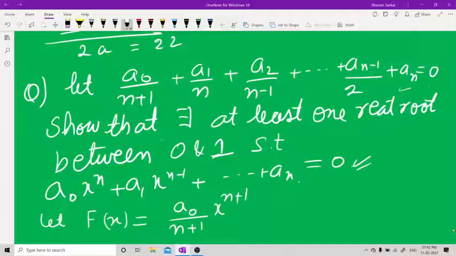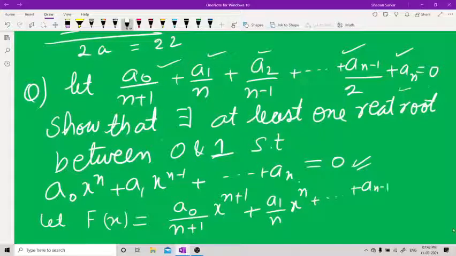I'll make the function from here, from this line, plus a1 over n x to the power of n, and so and so forth, plus an minus 1 over 2 x square plus an x. This function I will make from here because I have to take the help of this.